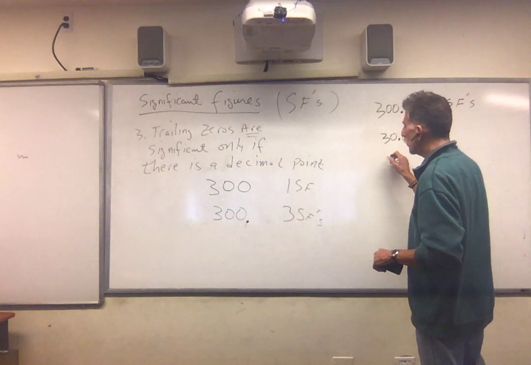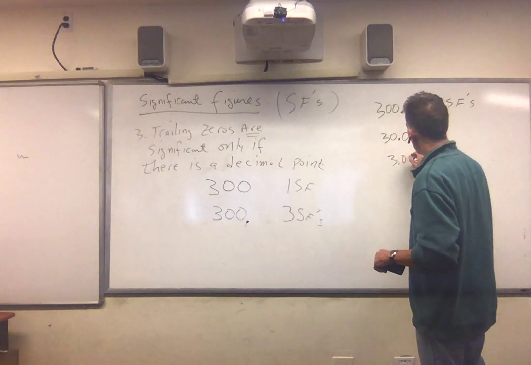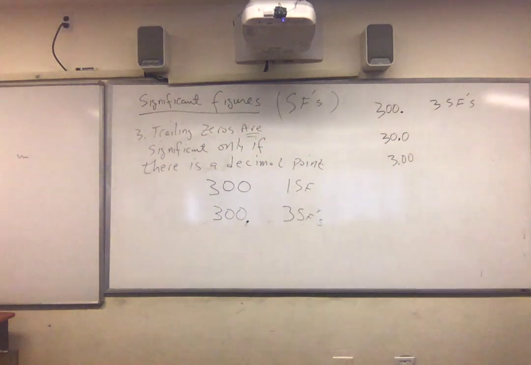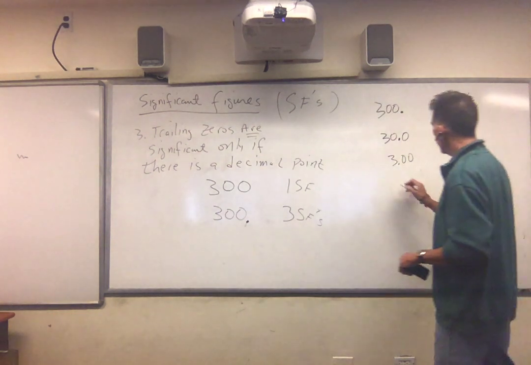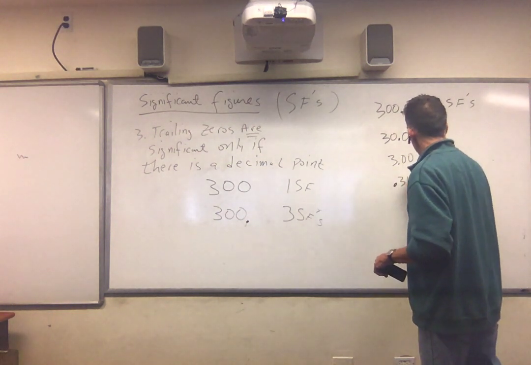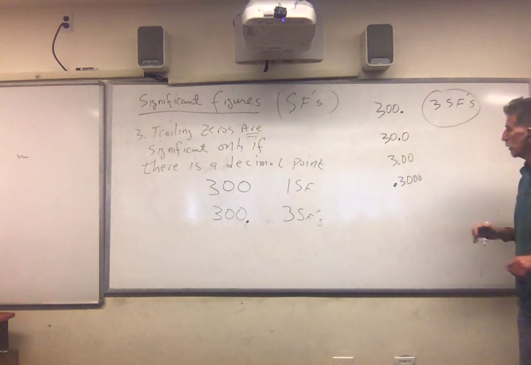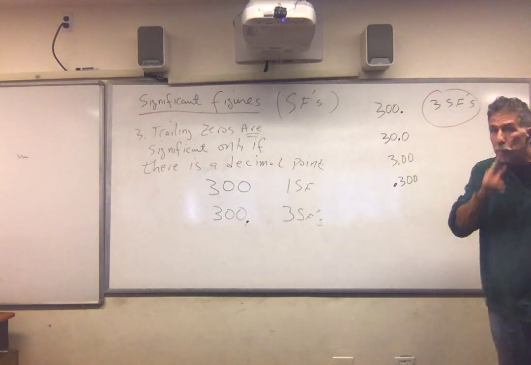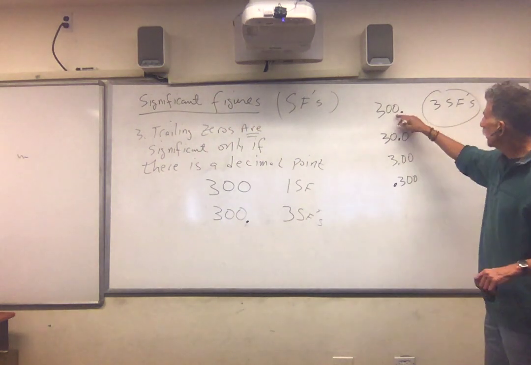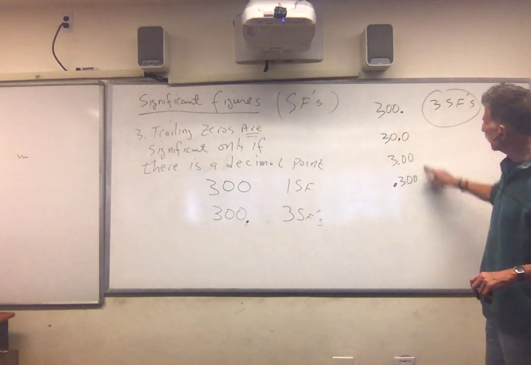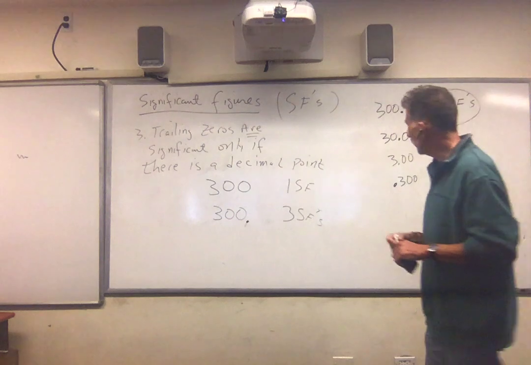What if I wrote 3.00? Once again, 3 significant figures. What if I wrote 0.300? They all have 3 significant figures. Again, the placement of the decimal does not make a difference.